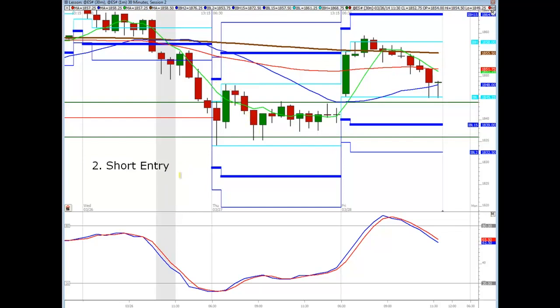All right. You could also take the short entry, which we talked about. Once this becomes apparent, you would be able to short, and I would short the minute that we take out the low of this candle. I would enter at the best price that I could get and take it all the way down. And in this case, this would have been a good potential target.